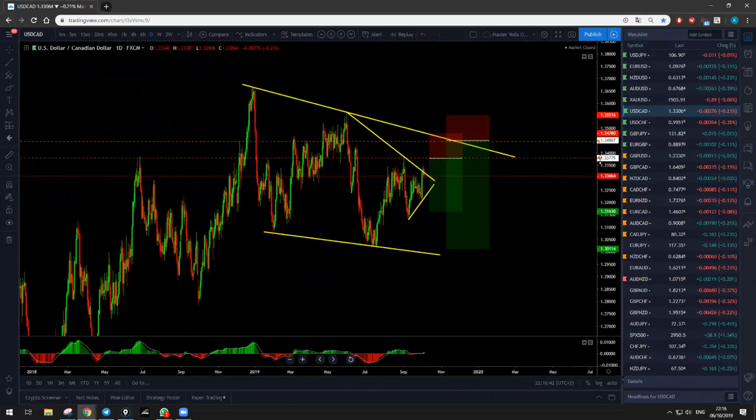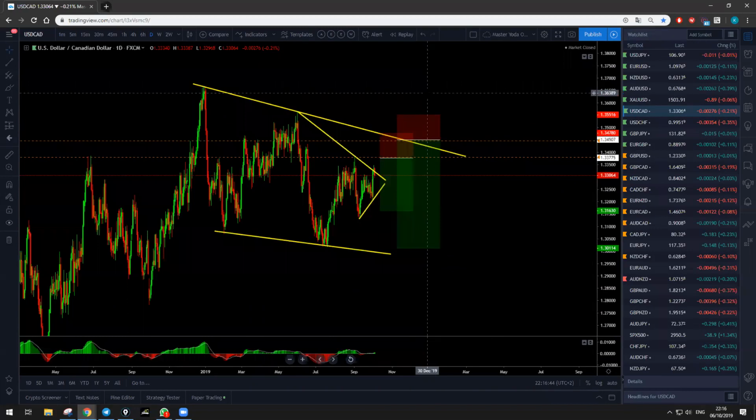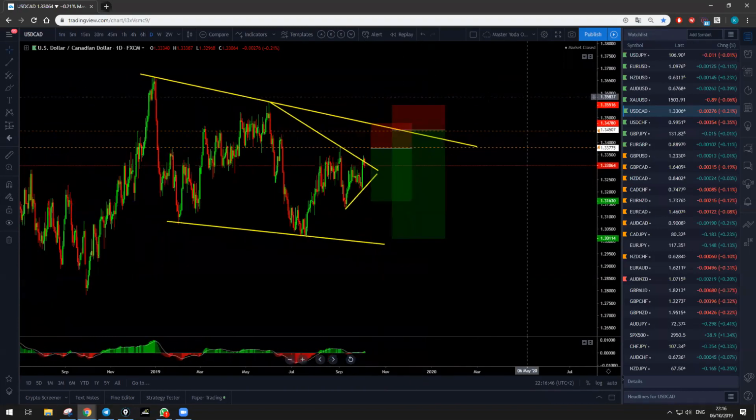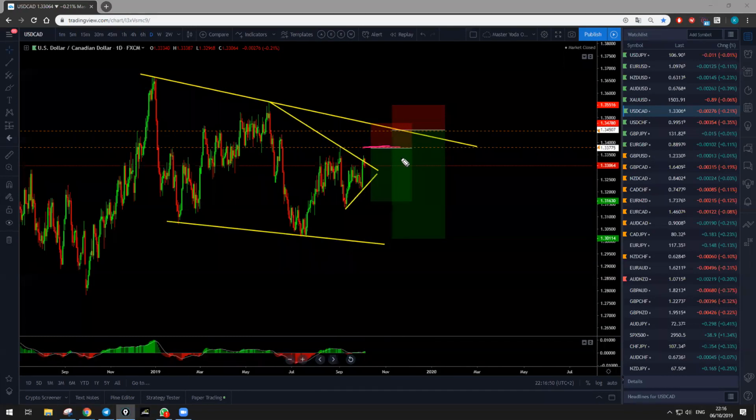This is a really nice setup which you should take, but without confirmation you should not just jump into the trade. When the price comes there, wait to see price action on the lower time frame, and then trigger your sell. Then you will be able to trade at least to that bottom. This will be your first target, but the price will tag that bottom.